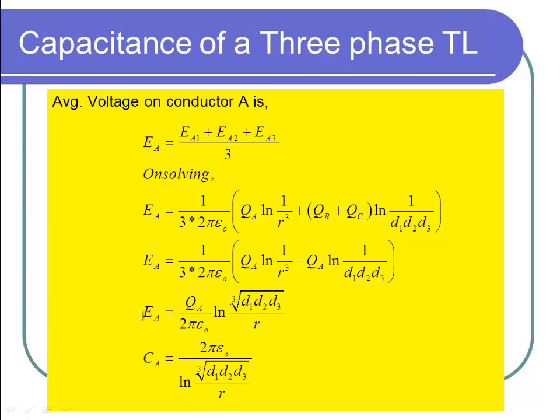Now from this electrical potential on conductor A, we can calculate the capacitance on conductor A equal to 2 pi epsilon naught by ln cubed root of d1 d2 d3 by r.